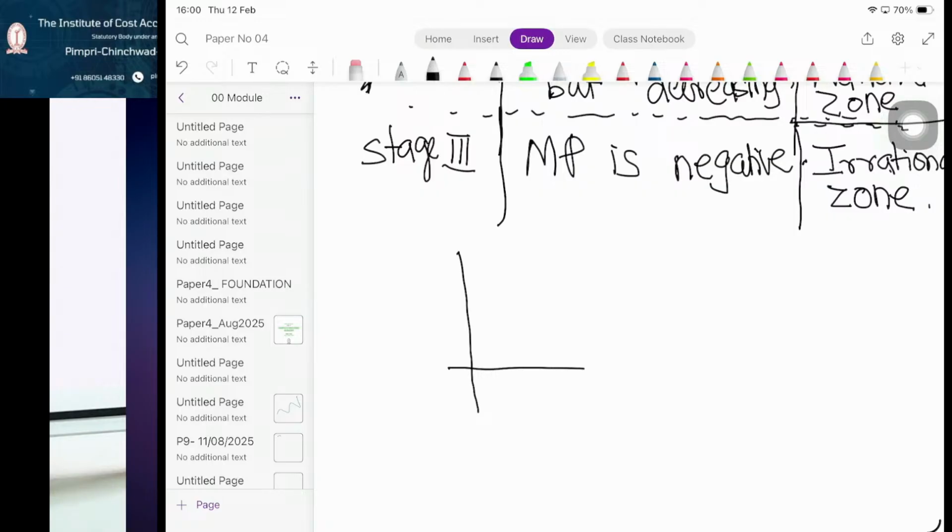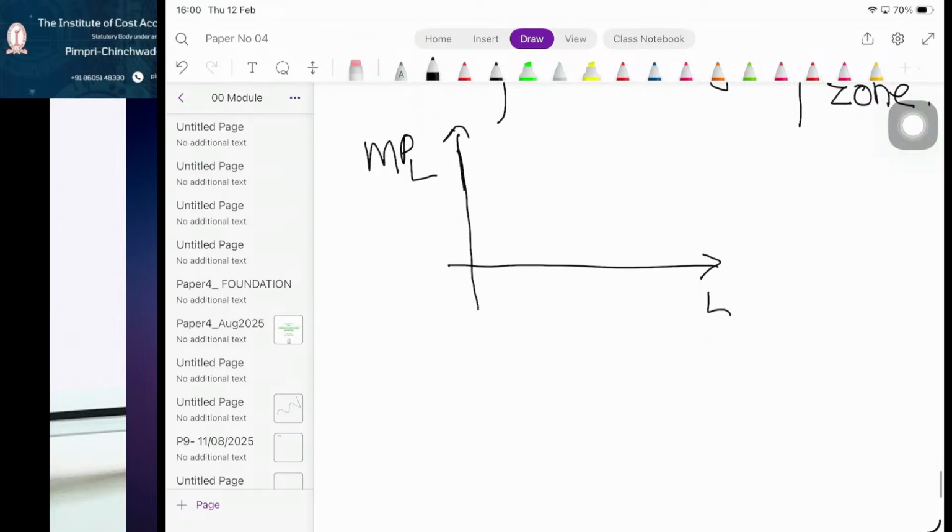You can wait for your next lecture. Suppose I have input L here, and this is the marginal product of labor. Just below this, draw the total product and labor input.